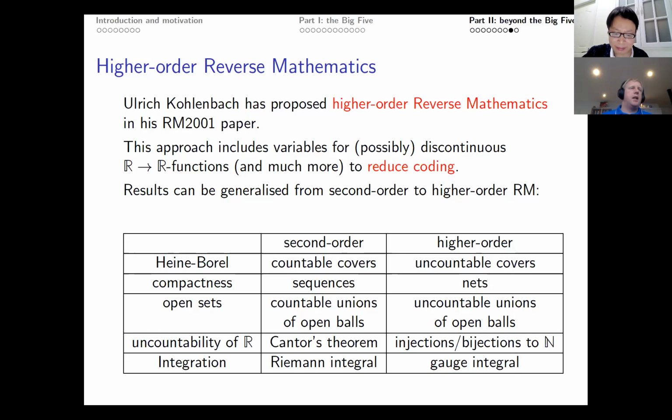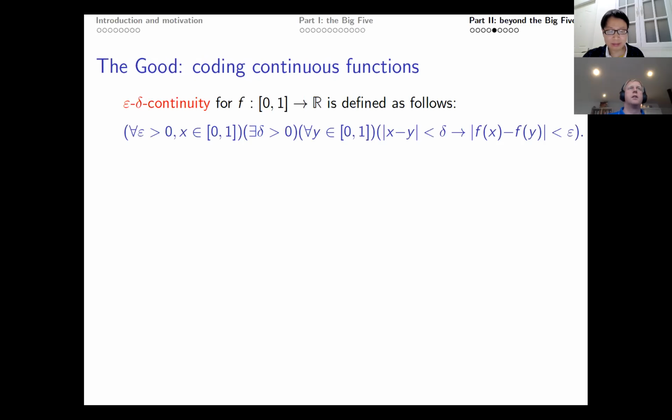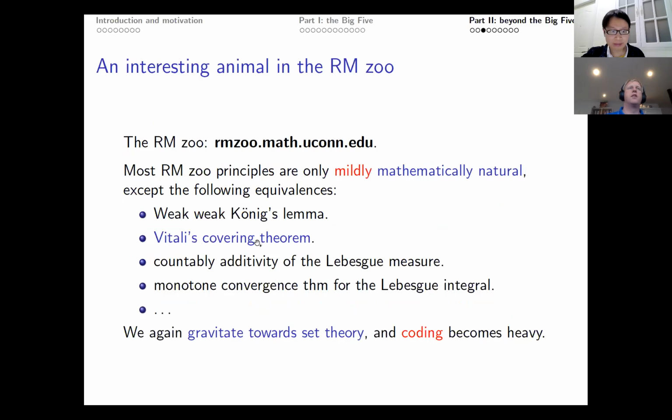So there's a big sixth system based on Vitali's theorem for uncountable covers. This Vitali covering theorem has some nice equivalences, and if we look at the uncountable case, then that's maybe the big sixth system.